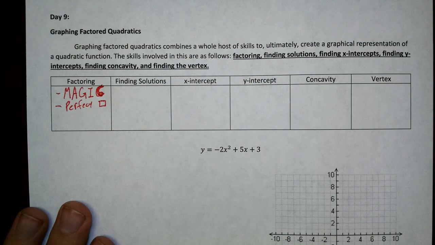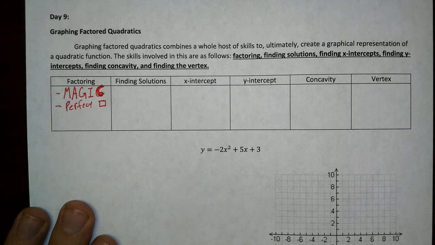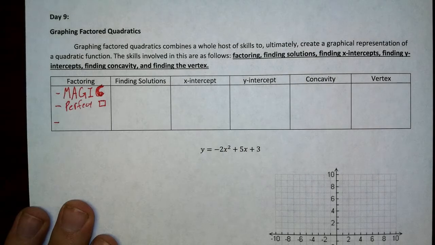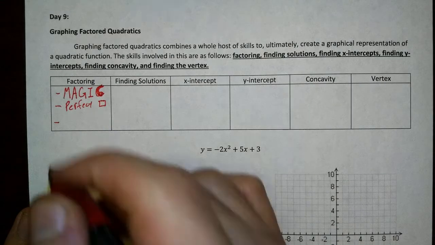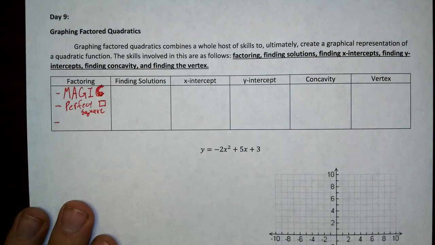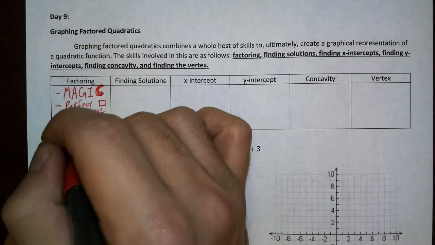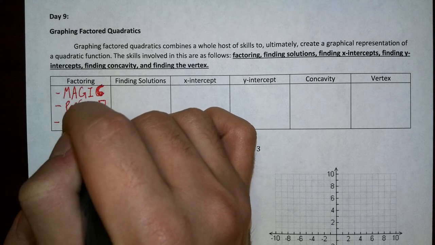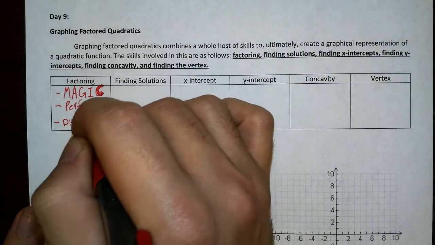I'm just going to draw a little square right there. A perfect square. Actually, I don't like that. I'm going to write perfect square, but then also write square underneath. Okay, our perfect square, with a little square right next to it. And the difference of perfect squares.